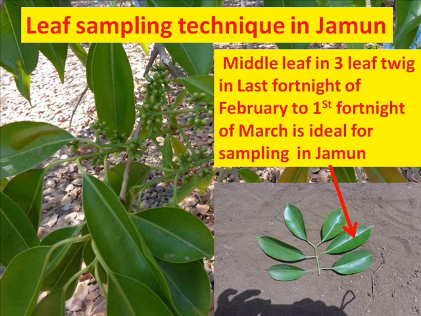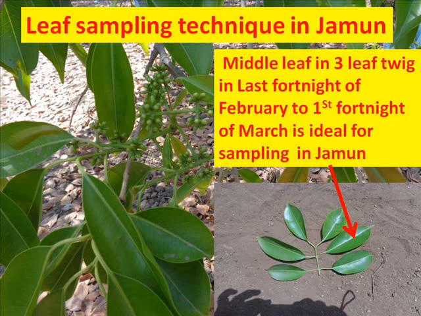According to that, we concluded that the sampling period is the last fortnight of February to the first fortnight of March. This time varies a little according to variety.